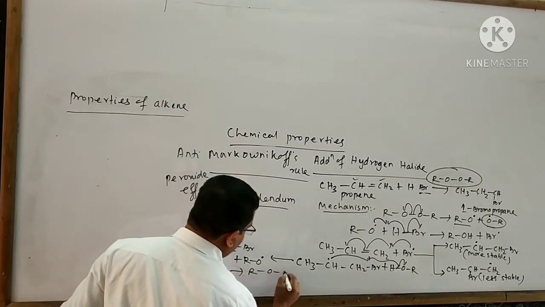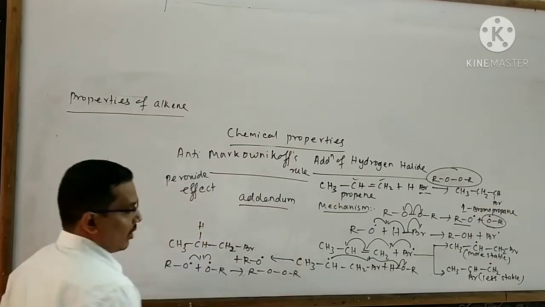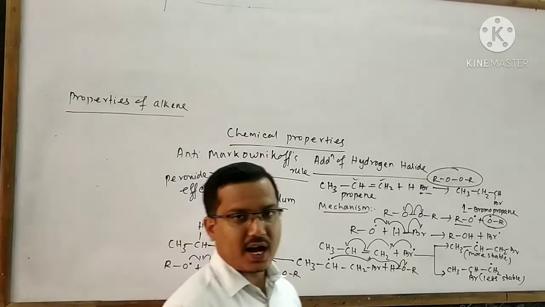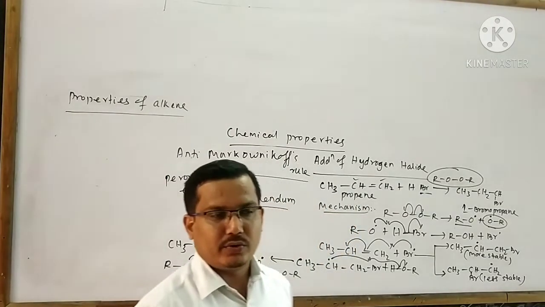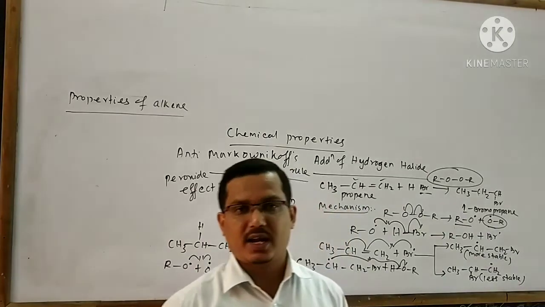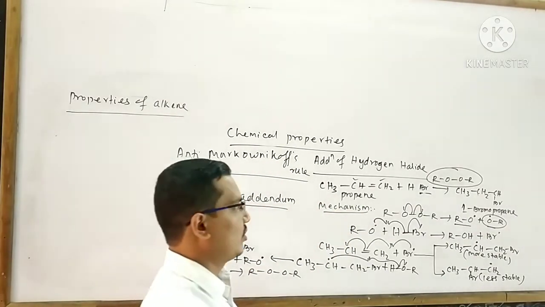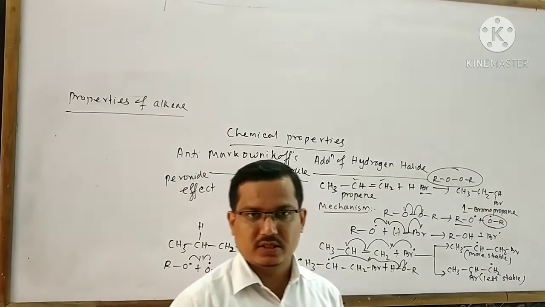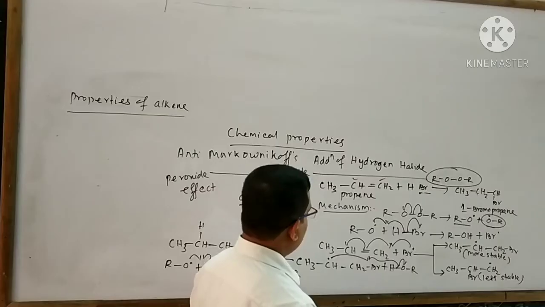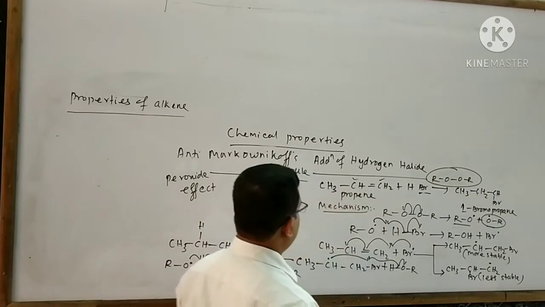Look at that, here again the organic peroxide is formed. That means here organic peroxide acts as a catalyst. It only participates in the reaction, does not react with the reactant. It only helps the reaction to proceed, but it does not react with the reactant to form a new product. This is the mechanism of this reaction.